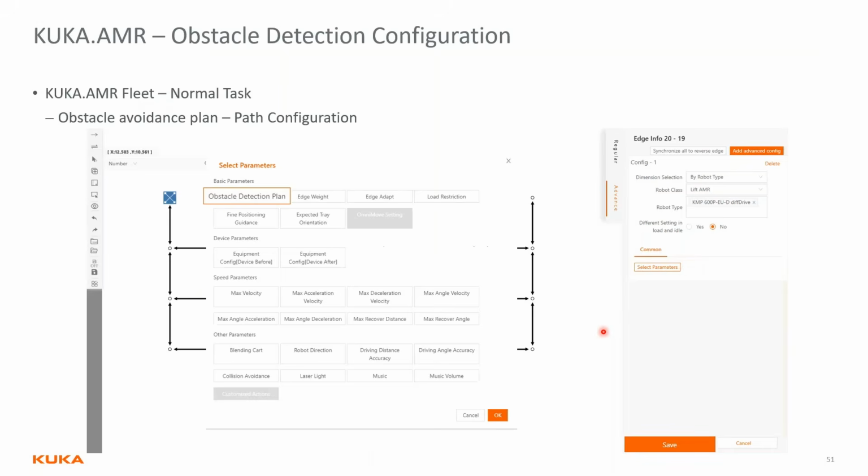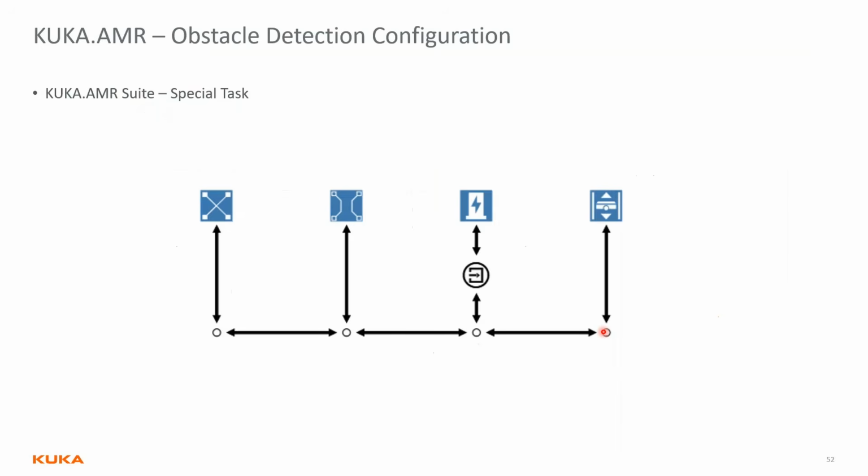I'm going a little fast because we're running out of time. But that's how you do this, creating a new plan. And this is for normal tasks, for points A and B being normal. You save, and that's it. That's how you specify a new obstacle avoidance plan.